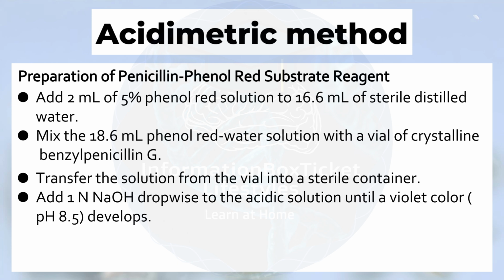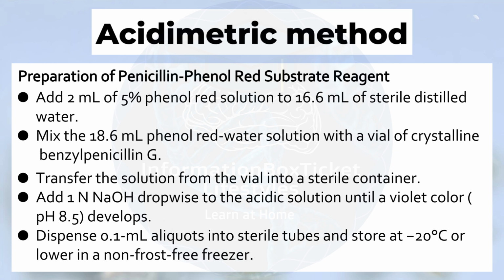Add 1 normal NaOH dropwise to the acidic solution until a violet color, pH 8.5, develops. Dispense 0.1 milliliter aliquots into sterile tubes and store at -20 degrees Celsius or lower in a non-frost-free freezer.